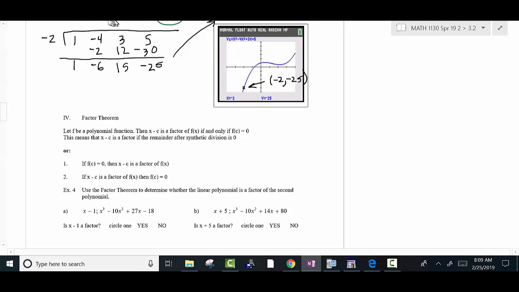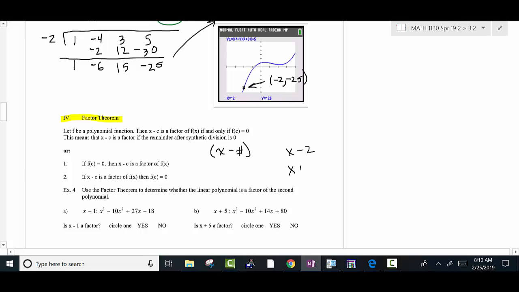Okay, next thing that we're going to look at is the factor theorem, which is actually just an extension of the remainder theorem. And what we can do on this is tell if something's a factor or not by doing synthetic division. So first of all, the factors are always x minus a number. So if you had something like x minus 2, that's the kind of factor we're looking at.